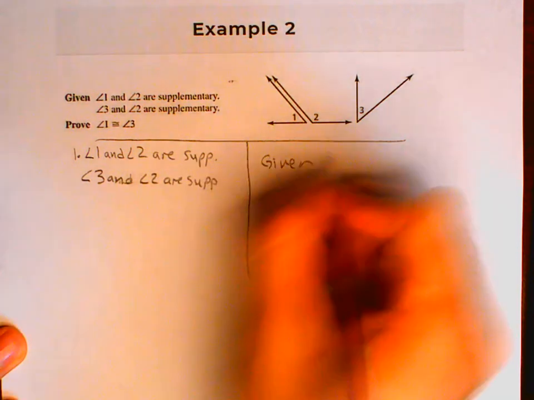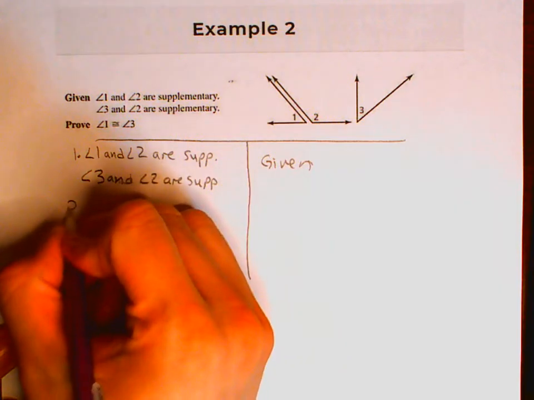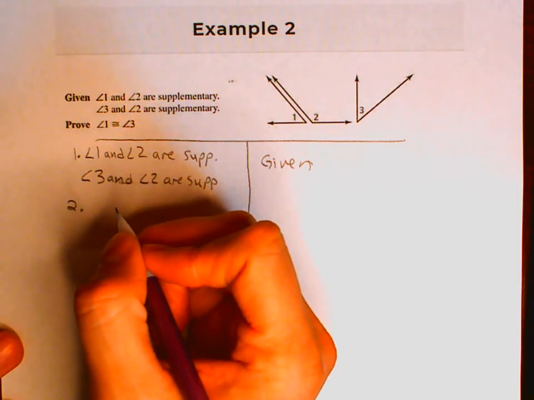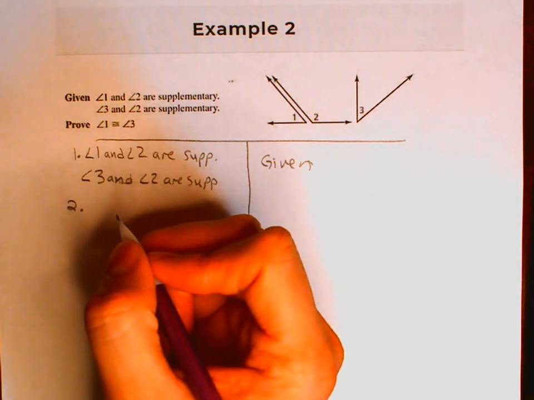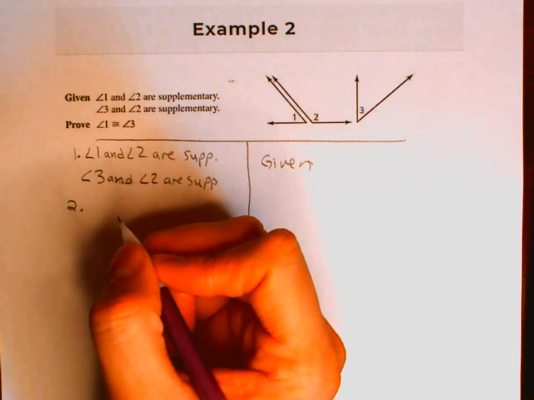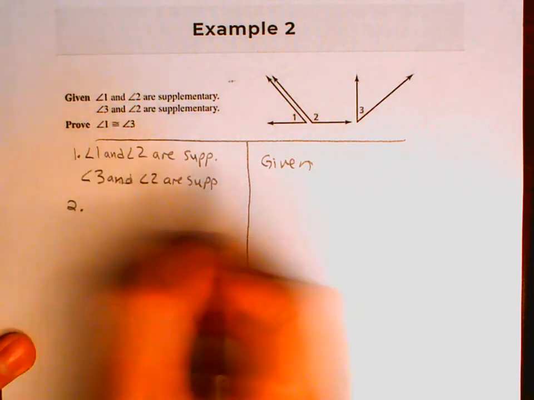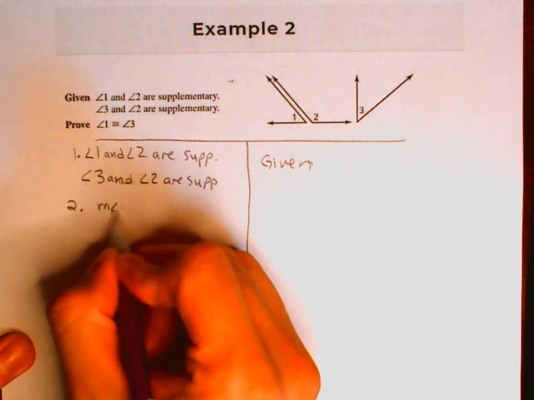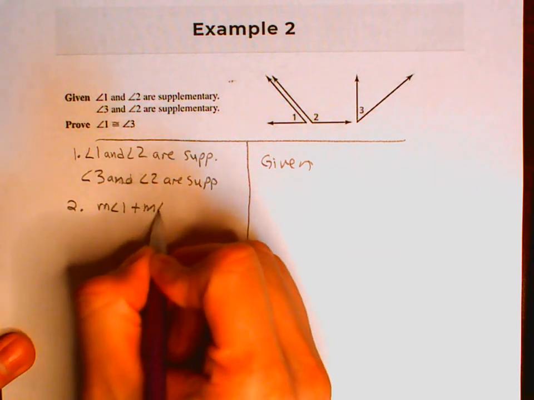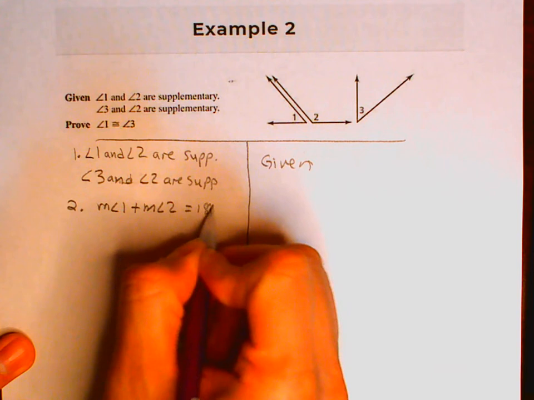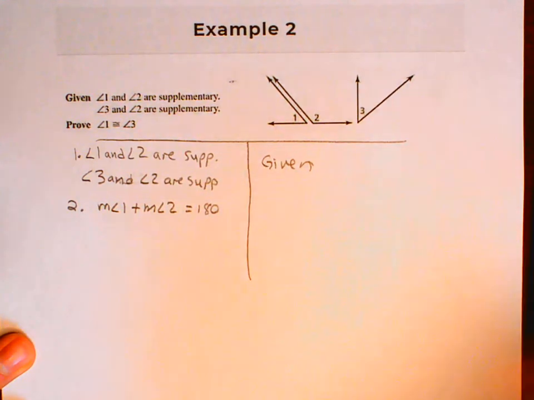So what does it mean for those two angles to be supplementary? Well, that means the sum of their measurements is 180. So from this first part, the measure of angle 1 plus the measure of angle 2 equals 180 because they're supplementary.